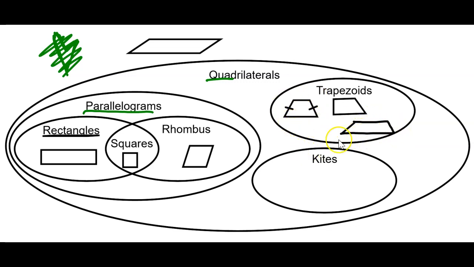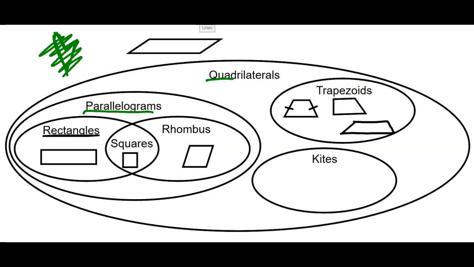As long as you've got one set that's parallel and the other set that's not, it's a trapezoid. And there are other properties about the isosceles trapezoid, like the base angles are congruent and the diagonals are congruent. But we're not going to get too much into that. I just want you to know what a parallelogram is and the things underneath it, what a trapezoid is, and what a kite is.